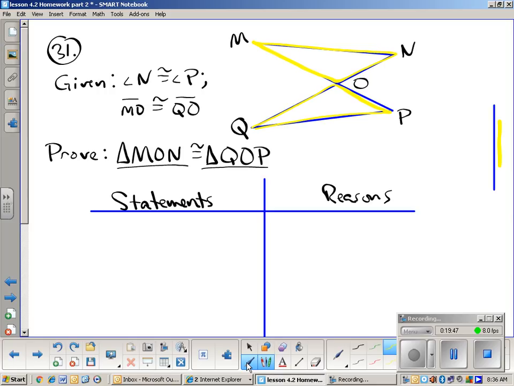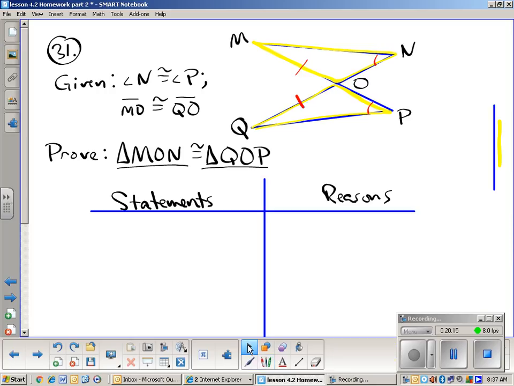Angle N, that's this angle, is congruent to angle P. So we mark that. Segment MO is congruent to segment QO. That's that. Okay.